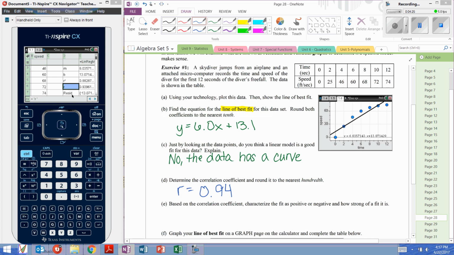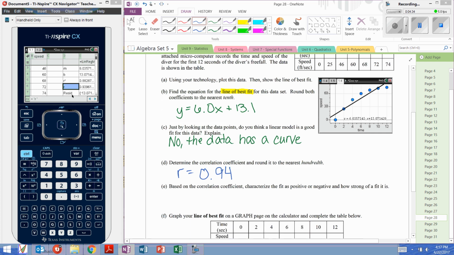So it's saying based on the correlation coefficient, characterize the fit as positive or negative and how strong of a fit it is. And, you know, it's 0.94. This is a pretty decent fit. So let's call this a positive correlation.